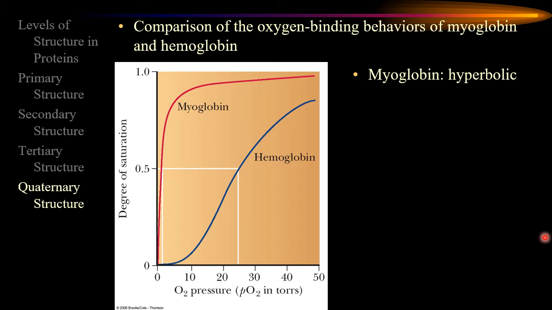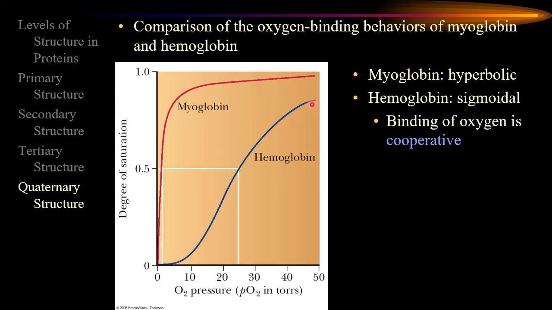So the curve, to be mathematical about it, don't be scared. The myoglobin curve is described as being hyperbolic. And for hemoglobin, the oxygen saturation curve is described as being sigmoidal. Sigmoidal refers to the S shape.